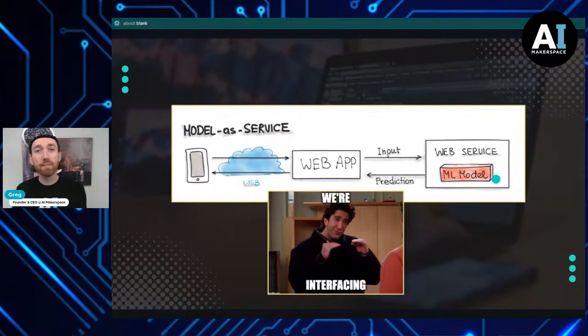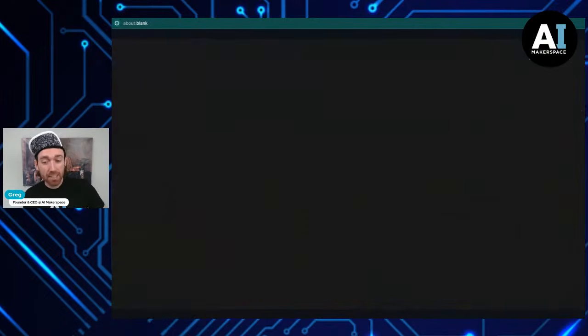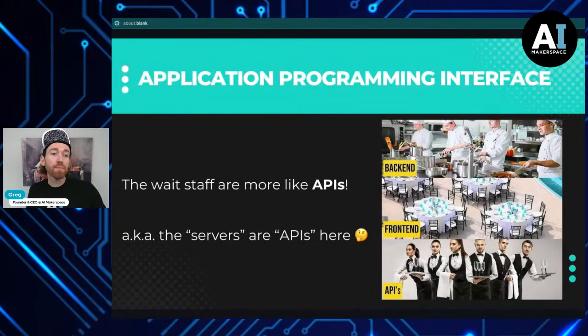Now, of course, many of you know this, but this idea of the interface is simply the API. It's the application programming interface. So the servers, the wait staff, really are more like APIs.